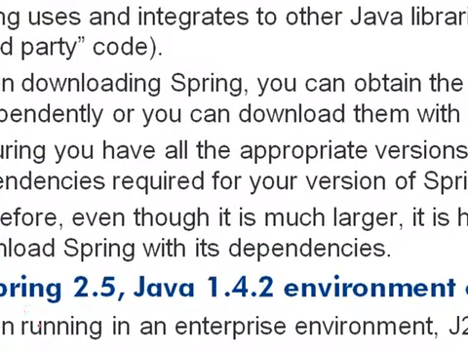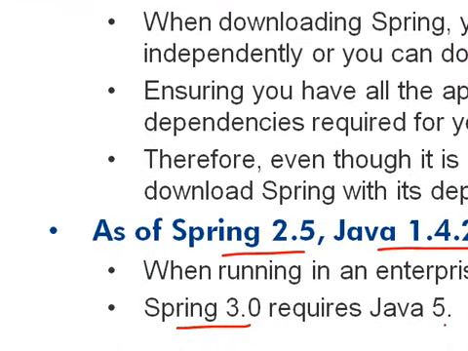As of Spring 2.5, Java 1.4 environment or greater is required. Once you move up to Spring 3, Java 5 is required. So those are hard and fast rules. Depending on your environment, you'll know which version of Spring you can support.